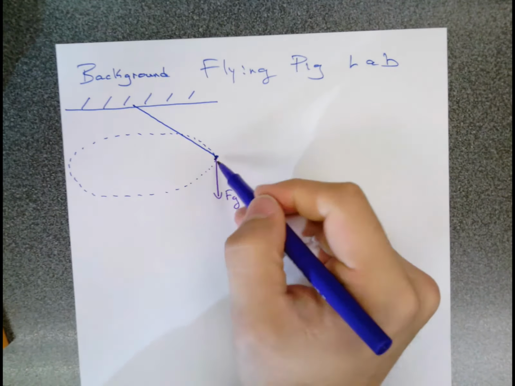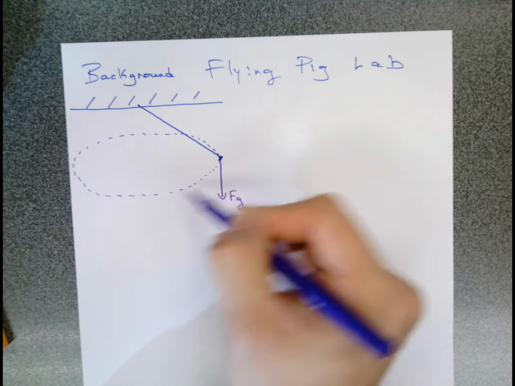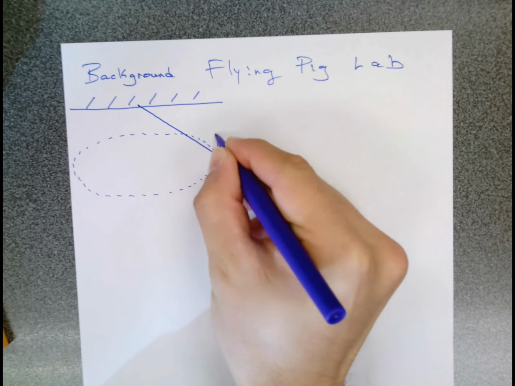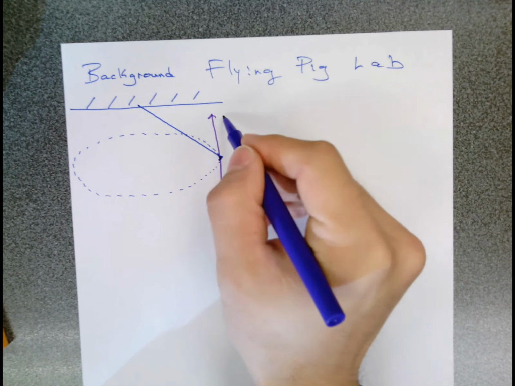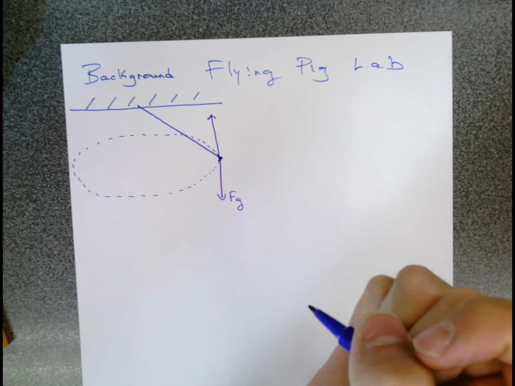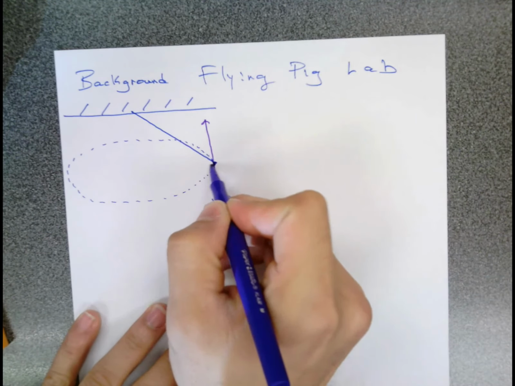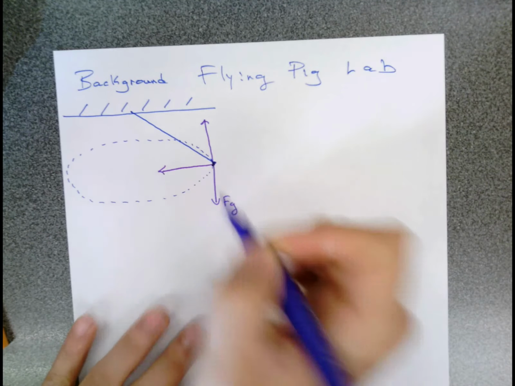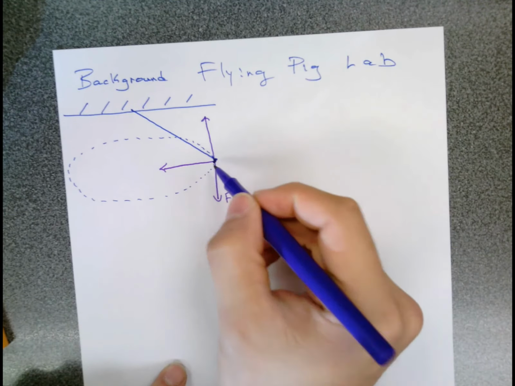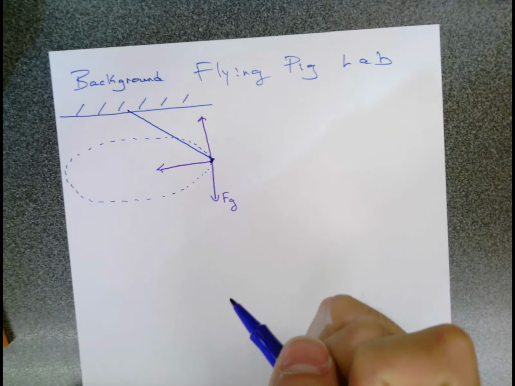But since the pig is not accelerating up or down, it's really staying in this circle, there has to be a balanced force in the opposite direction of the force of gravity. There also has to be a center-seeking force for the pig. If the pig is making this circular motion, there will be a force directed towards the center.